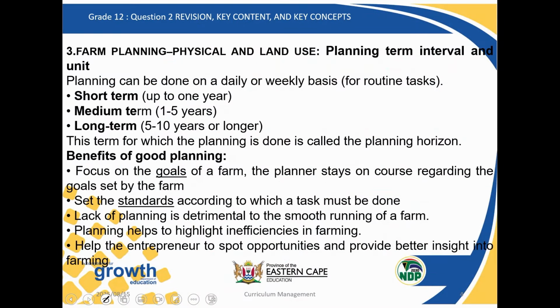Let's move to the next point here. Here, again, is the continuation of farm planning, physical and land use. As you plan, you know the production enterprise of your farm. You know the production enterprise cycle.